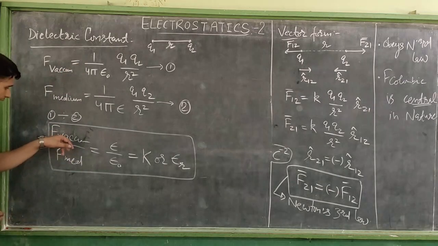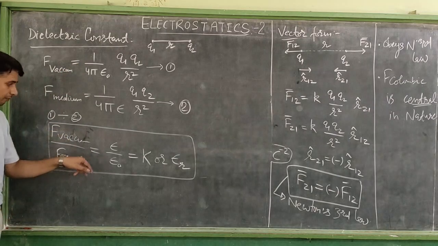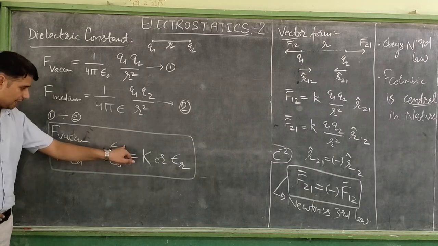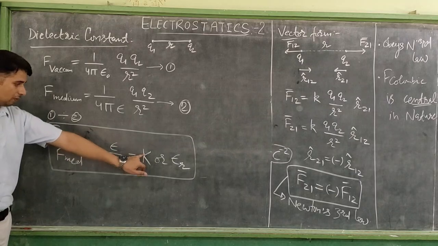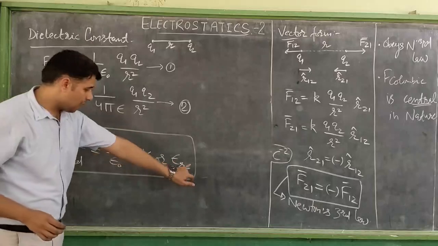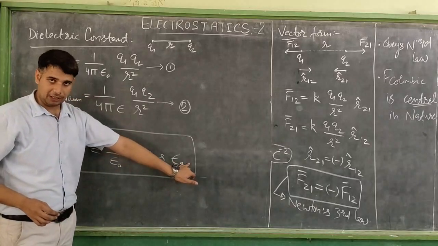So F vacuum divided by F medium comes out to be epsilon divided by epsilon naught, which is equal to K or epsilon R. This is relative permittivity.